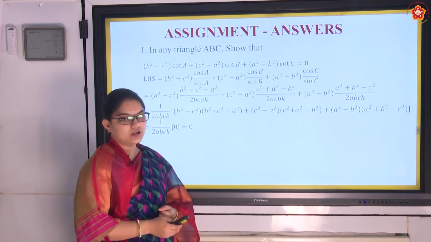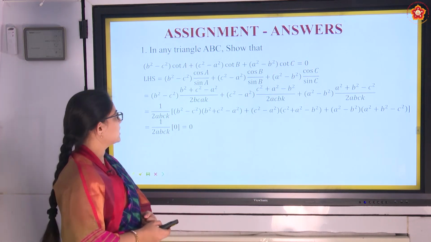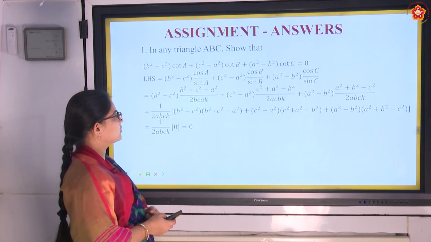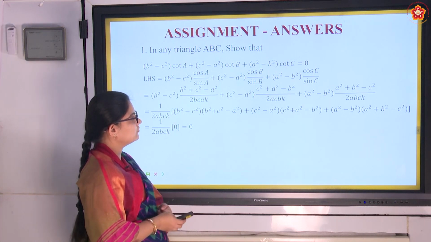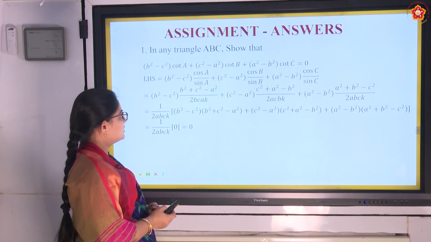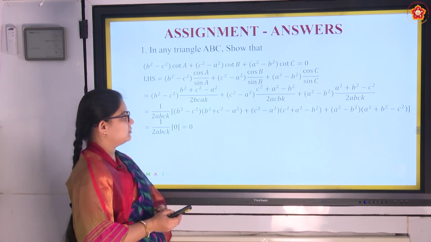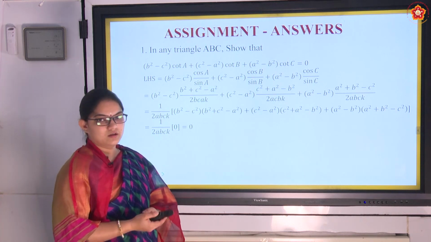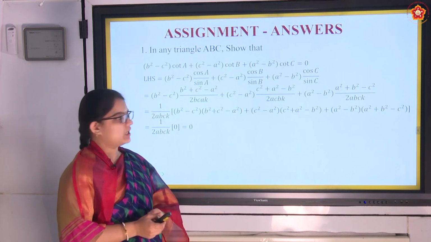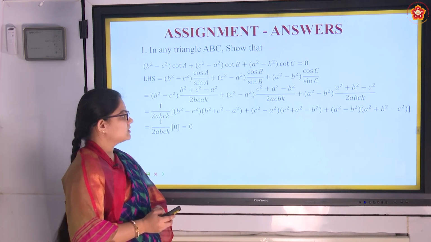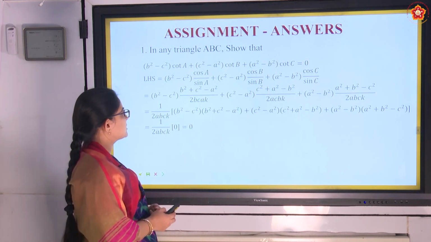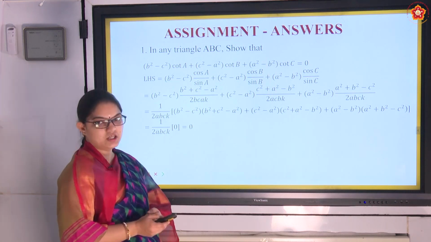In place of cot A we can write cos A by sin A, similarly cos B by sin B and cos C by sin C. We substitute sin A, sin B, sin C using the sine formula: sin A is equal to a by k, sin B is b by k, sin C is c by k. Similarly, using the cosine formula, we substitute cos A, cos B, cos C.